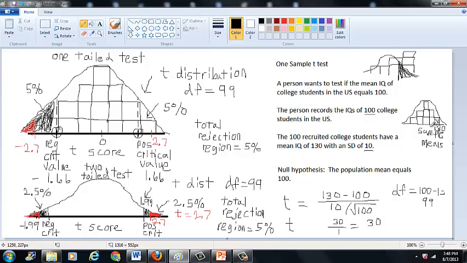So as long as our sample with a mean of 130 is a member of a normal shape of sample means, our t-score, which was 30, will be a member of a set of t-scores that falls under a t-distribution curve.